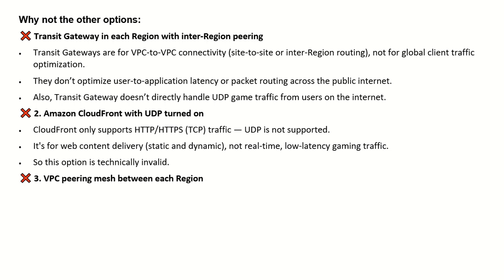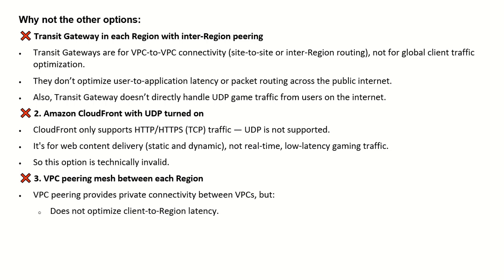So number 3, VPC peering mesh between each region. VPC peering provides private connectivity between VPCs but doesn't provide optimized client to region latency, does not reduce packet loss, and is not intended for public internet facing game traffic.